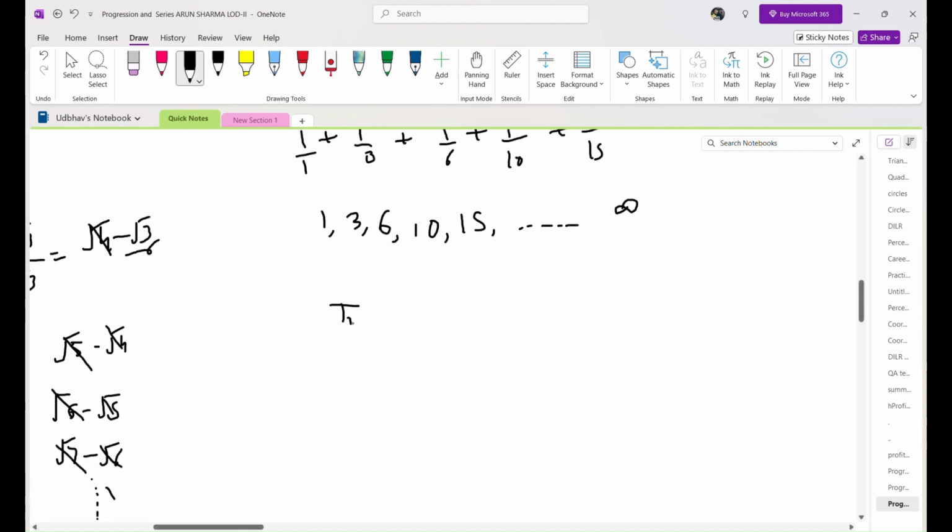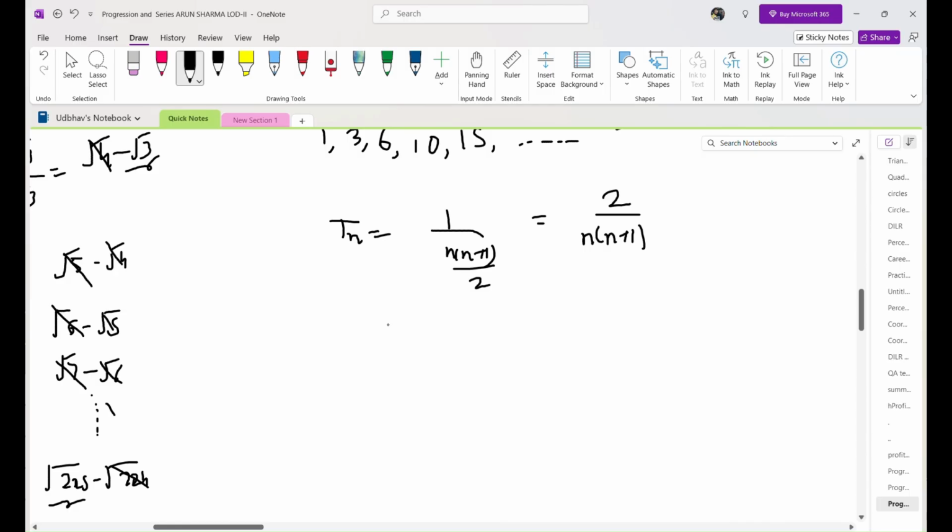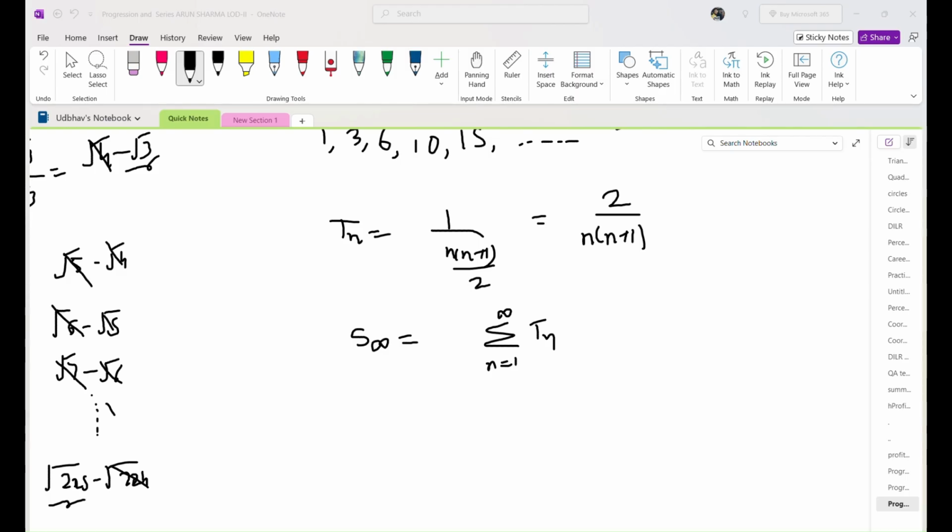So we can write Tn equals 1 upon n(n+1)/2, that is 2 upon n(n+1). So S infinity will be equal to the sum from n equals 1 till infinity of Tn, that will be equal to the sum from n equals 1 to infinity of 2 upon n(n+1).